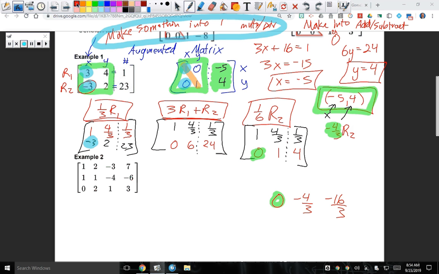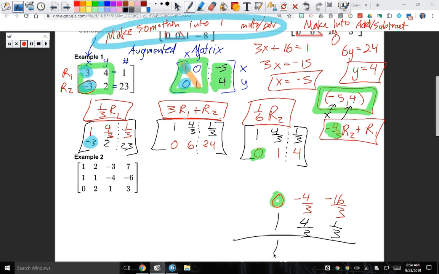Row 1. Because row 1, which didn't change, is this. You with me?